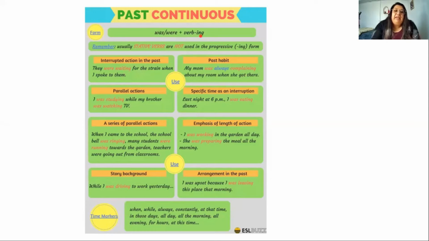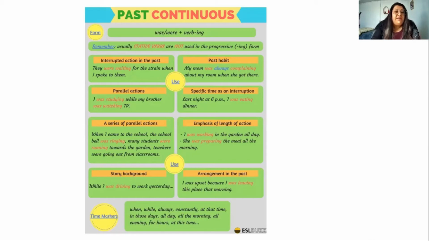Verbo más ing. Entonces aquí tenemos diferentes usos del past continuous. So we have interrupted action in the past. Una acción interrumpida en el pasado. Por ejemplo, they were waiting for this train when I spoke to them. ¿Ya?